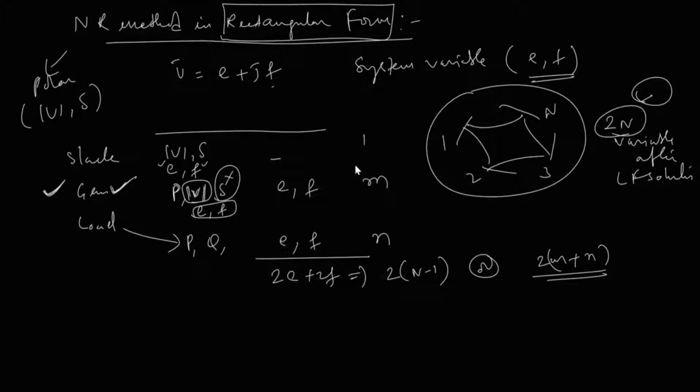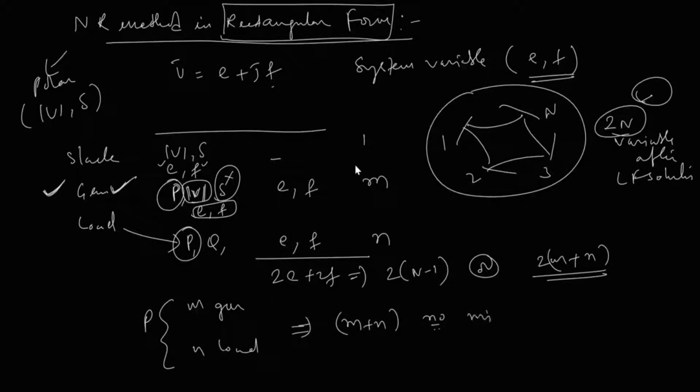Okay, now what do I have with me? The specified quantities. P is, as usual, specified at m generator buses and n load buses. So I can write m plus n number of P mismatch equations, right?